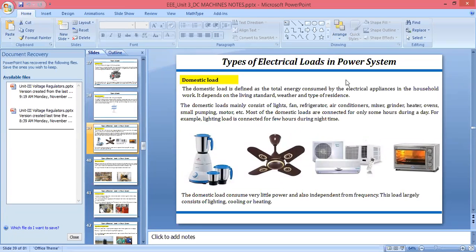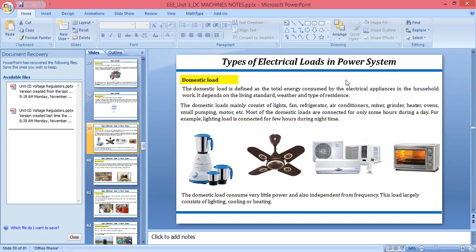So here we now have to see about the domestic load. Domestic means the electronic devices which use electrical energy and give the energy in the form of some type of heat, light, or air, any of these devices which we can use at our home. This load we call a domestic load.